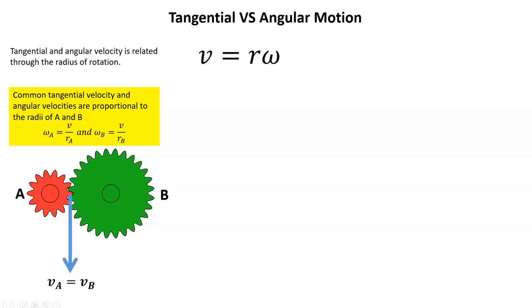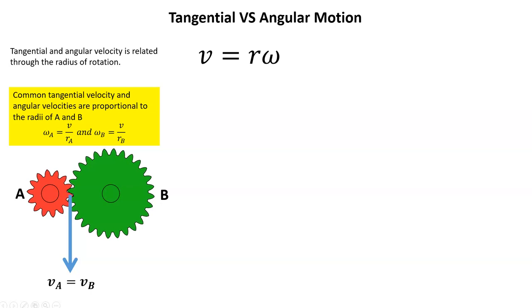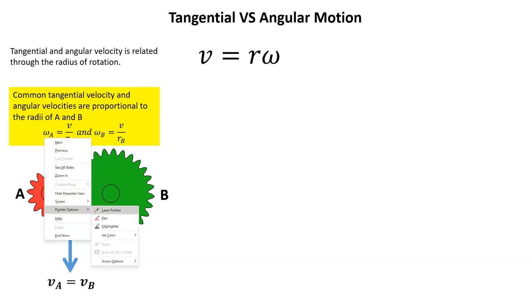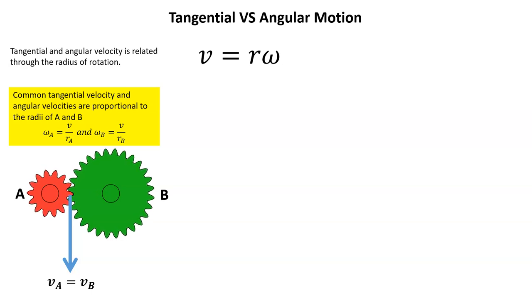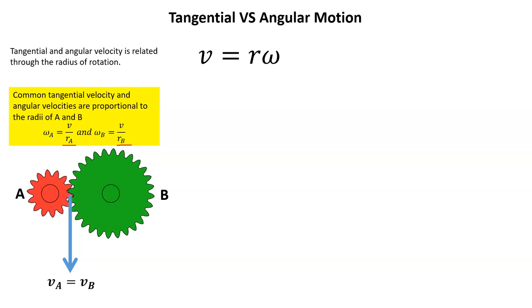And what you can see from this equation, if we were to calculate the angular velocity between them, which is what I'm showing in this one, is that with the common tangential velocity, the angular velocity is inversely proportional to the radius. That's going to be important as we move forward.